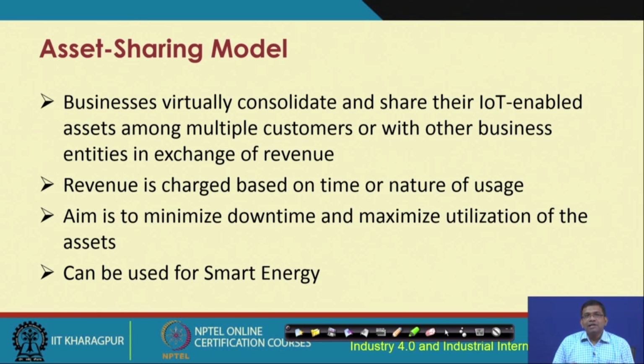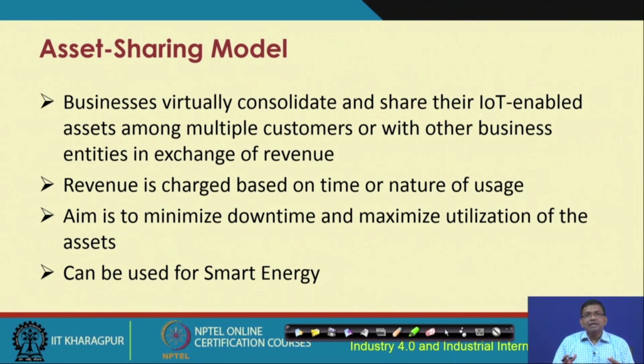Instead, using the asset sharing model, other people can use the same machinery and be charged based on the time and nature of usage of the machinery. So, for example, smart energy in IoT is an example of an asset sharing model.